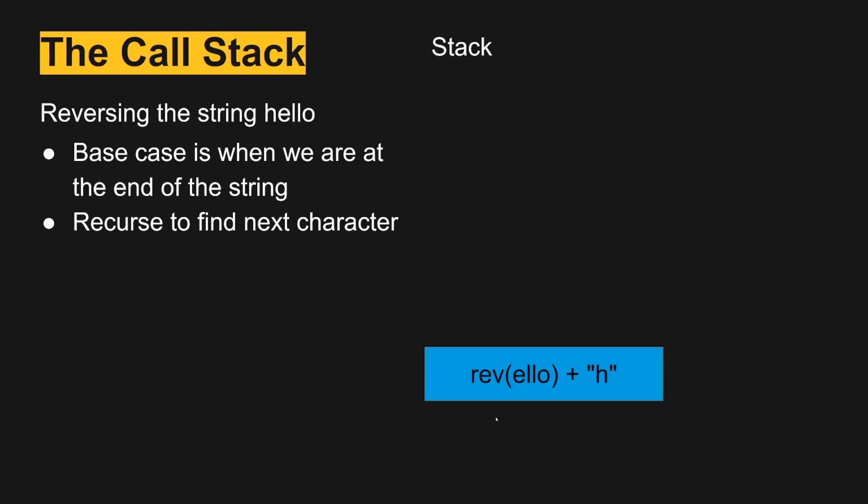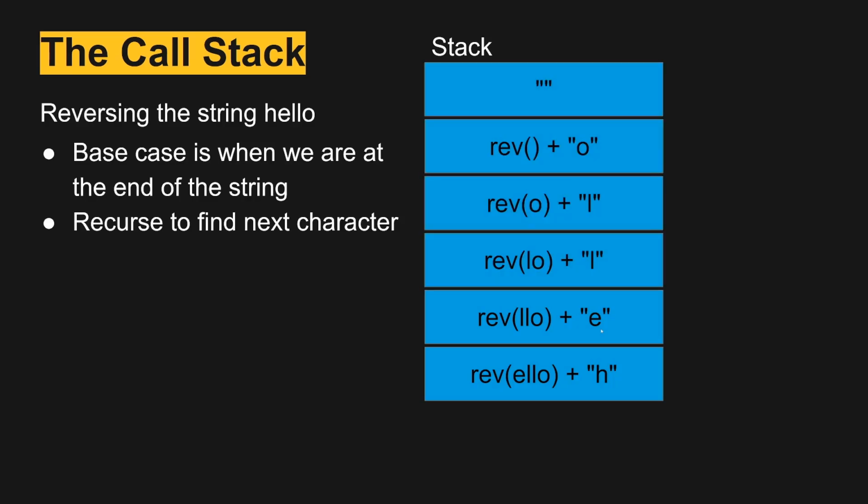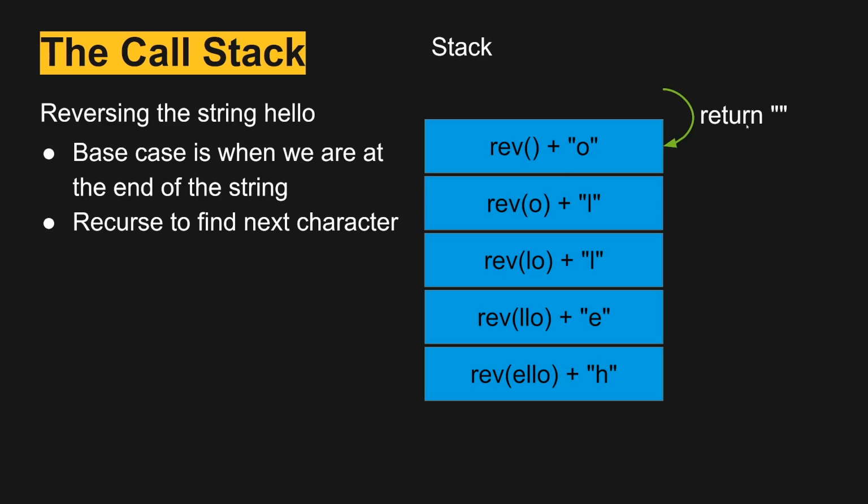And so if we were doing reverse on hello, the first call would be broken up into rev ELLO. So we've gotten rid of the first character. The first character has been appended here to the end of the string. This is going to return back whatever else comes out of the recursive calls. And then we're popping off each letter as we go. And then we reach an empty string as a result. So we come back out and we return nothing.